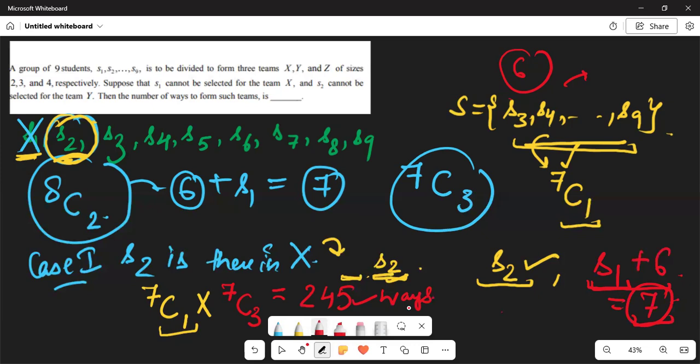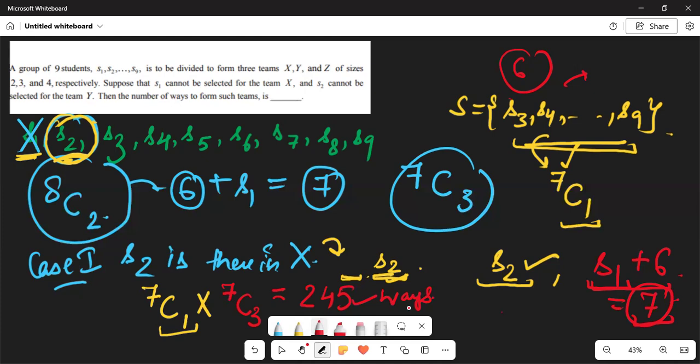So what happened? Let me tell you once again. We had 9 students. We have to distribute students in 3 teams, X, Y, and Z, such that X has 2 students, Y 3 and Z 4.